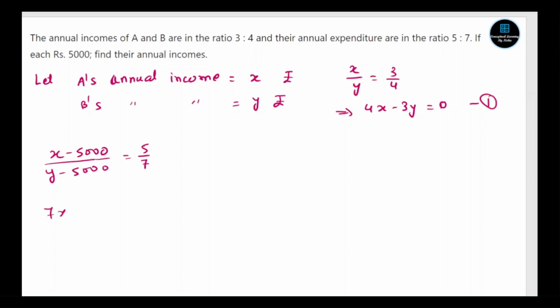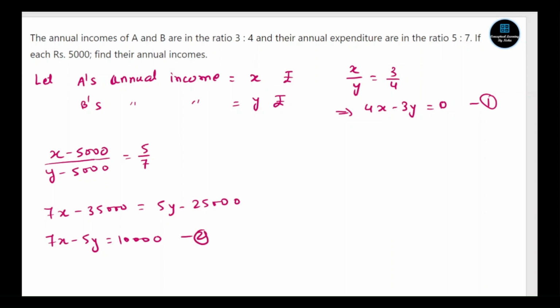So 7x minus 35,000 equals 5y minus 25,000, right? So we'll get our second equation, 7x minus 5y equals 10,000. So this is the second equation.